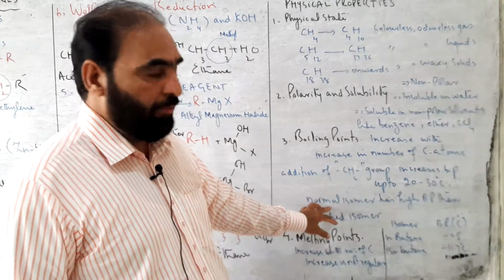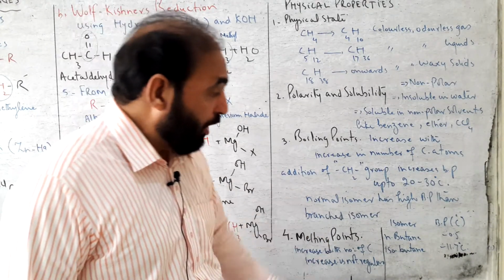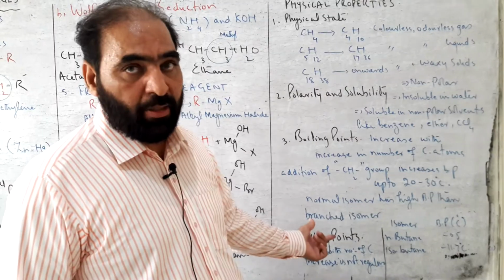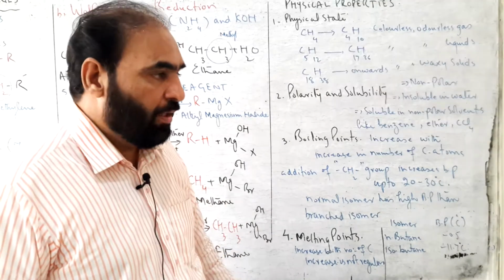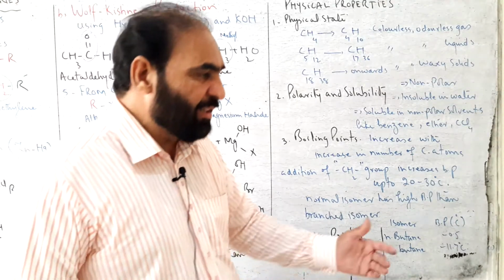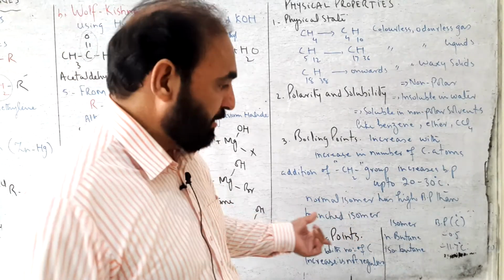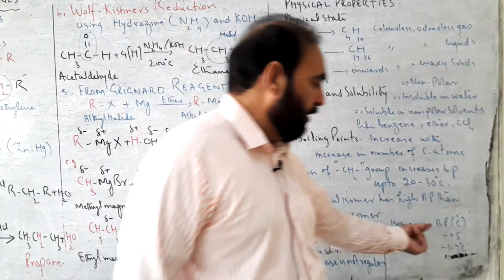The normal isomer of an alkane has a higher boiling point than its branched isomer, because in branched isomers the molecules have a greater distance due to branches and they can easily be volatilized and boil at even lower temperature.